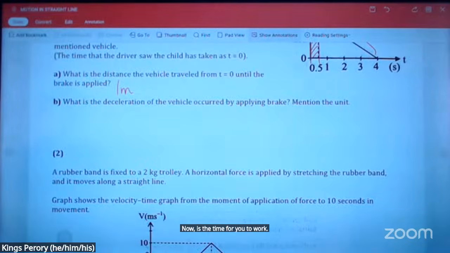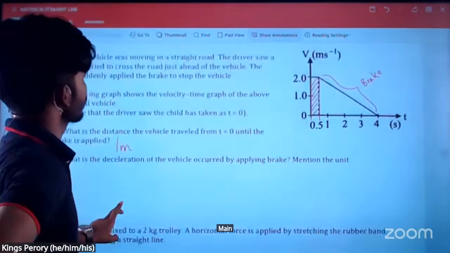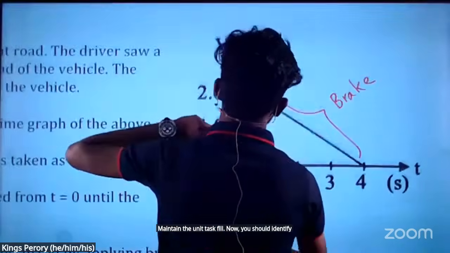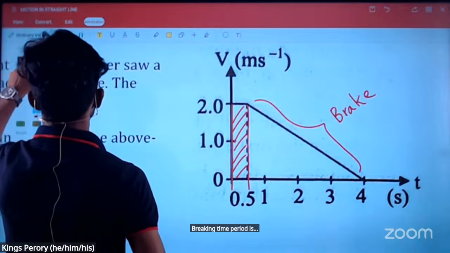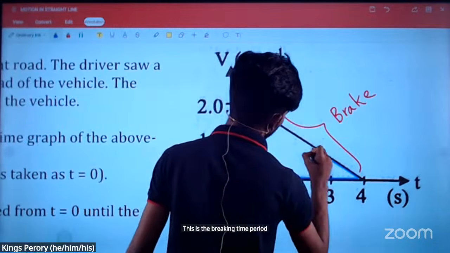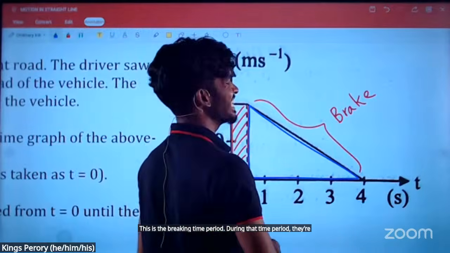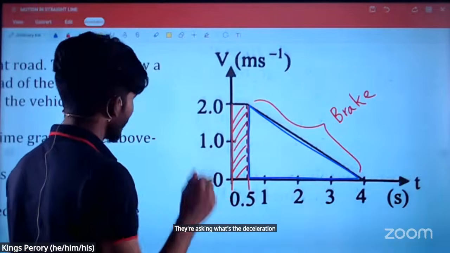Part B. What is the deceleration of the vehicle caused by applying the brake? Mention the unit as well. Now you should identify the braking time period. I'll color it with a different color. This is the braking time period. During that time period, they're asking what the deceleration is. What data do I have?